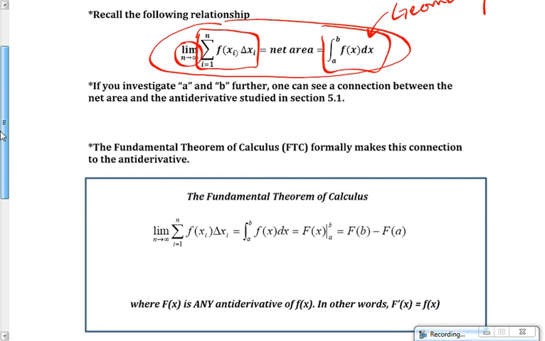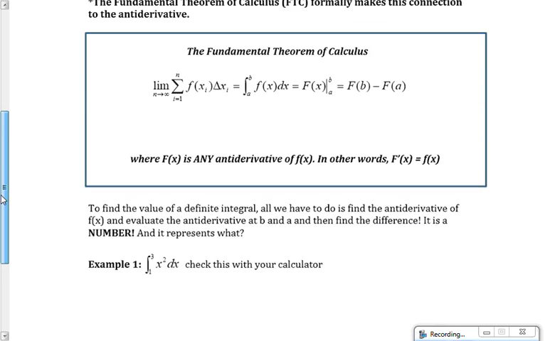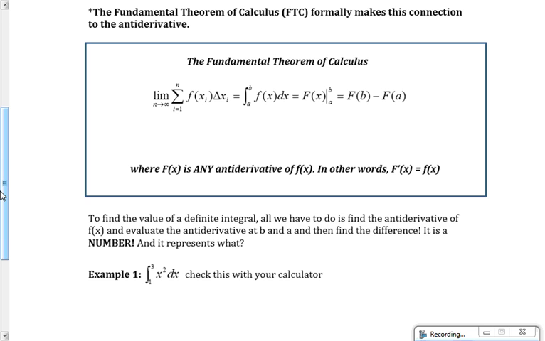Okay? So, here's the fundamental theorem. Let's kind of jump into this, and I'll try to give a little bit of reasoning for it. But the fundamental theorem of calculus, if you go ahead and take a look at it, the key here is that a definite integral is defined as an antiderivative evaluated on the bounds of integration. So, a couple of key things.